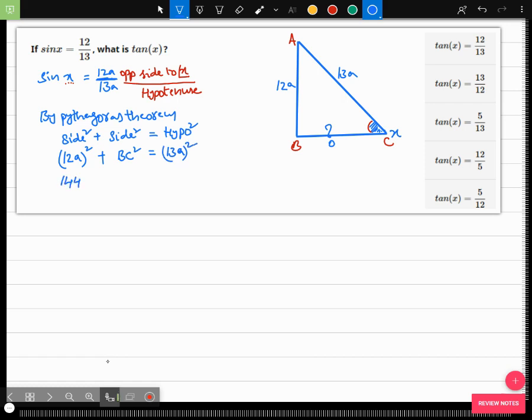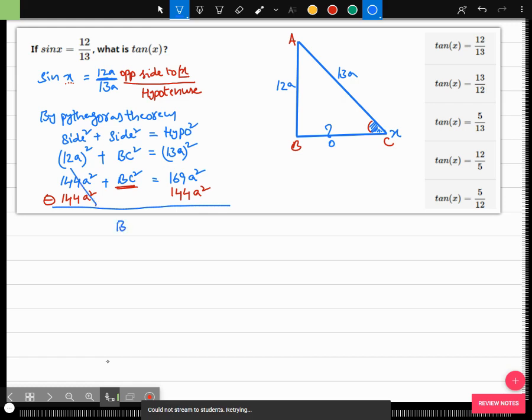You may make use of a calculator, and here BC squared, then 169a squared. Our target is to figure out what BC is. Therefore, let me go for the inverse operation, which is subtraction. After the subtraction, I get BC squared equals 25a squared.